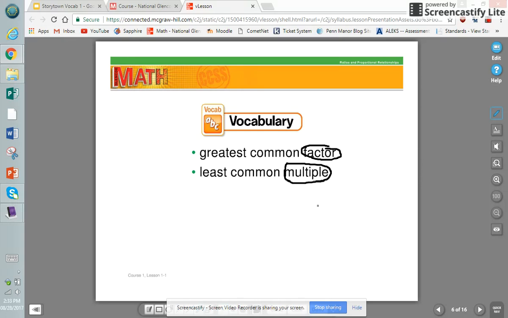So let's take a look, first of all, at what is a factor. A factor is, or should I say, are numbers that are multiplied together to get a bigger number. So let's take a look at just the number 12. Good number. When I think about the numbers that I can multiply together to get 12, right off the bat, I think of 1 and 12.